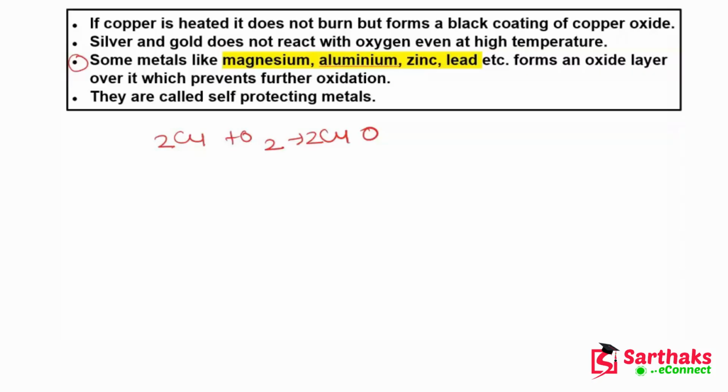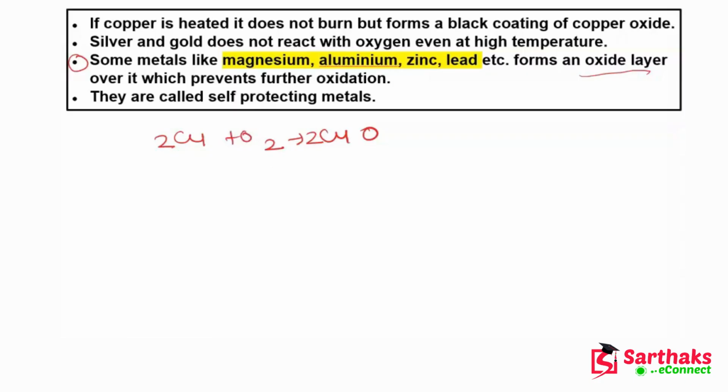Basically, guys, these metals react with oxygen and form an oxide layer. This oxide layer prevents further oxidation. Okay, so these metals are known as self-protecting metals.